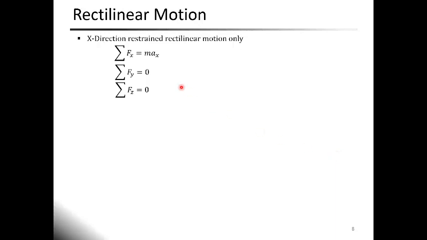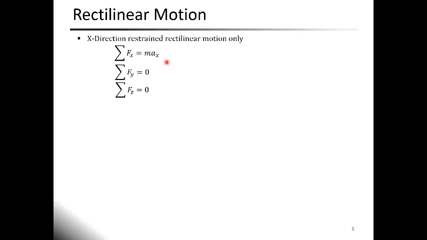So, for example, if the motion is constrained to the x direction only, like if we have a train, the train moves forward only. So if we consider that this is the x direction where the train moves, this is the direction of the motion. But the train cannot move to the left or to the right in the y direction. It cannot move up and down in the z direction.